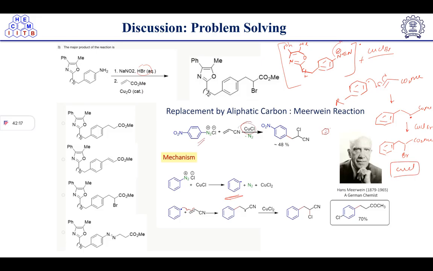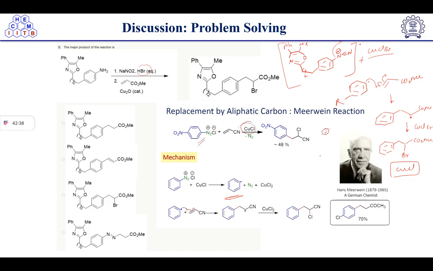Okay, regeneration of the catalyst. So this is the mechanism of the reaction, and this name reaction is known as the Meerwein reaction, named after Hans Meerwein, a German scientist.